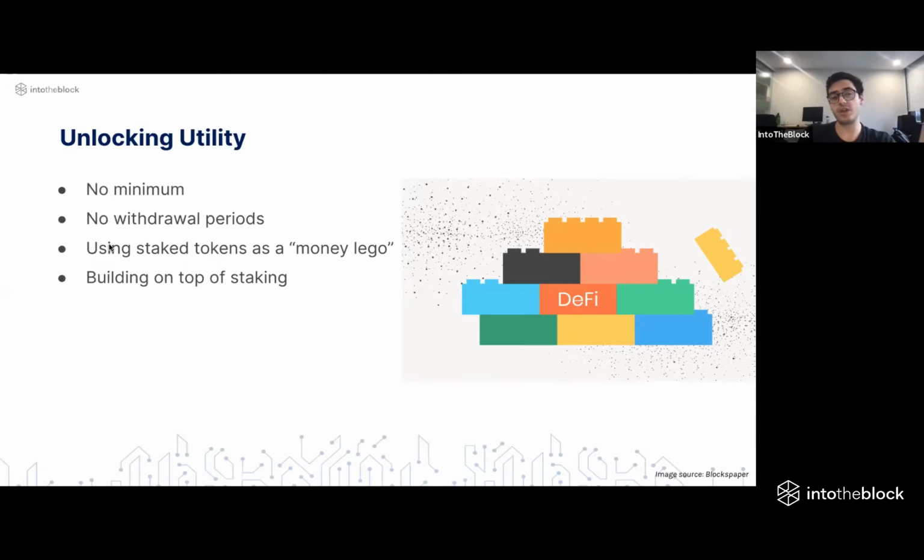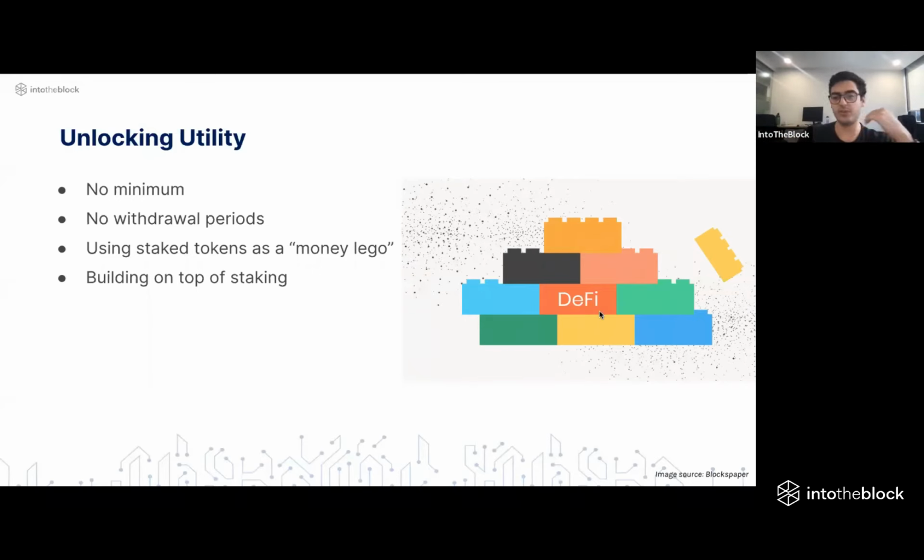A major benefit is that you're able to use your staked ETH tokens as a money lego. This is the metaphor that many of you might be familiar with within DeFi. There's this cool application that you're able to build on top of the existing innovations.